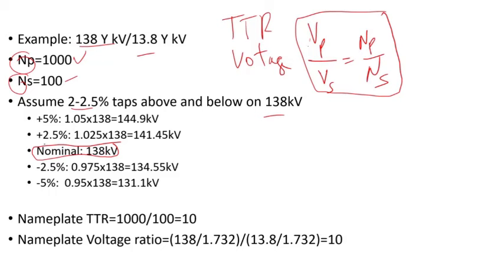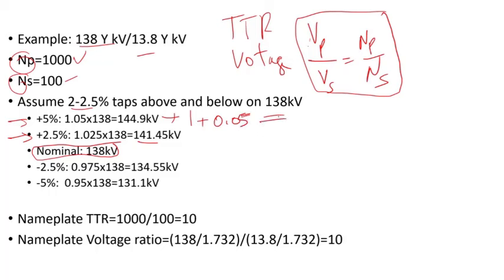So then 1 tap above is 1 times 2.5%, which is 2.5%, it's a plus. So it's 1.025 times 138, which is 141.45 kV. If you have two taps, 2 times 2.5 gives you 5%. So it's 1 plus 0.05 per unit, because it's 5%.